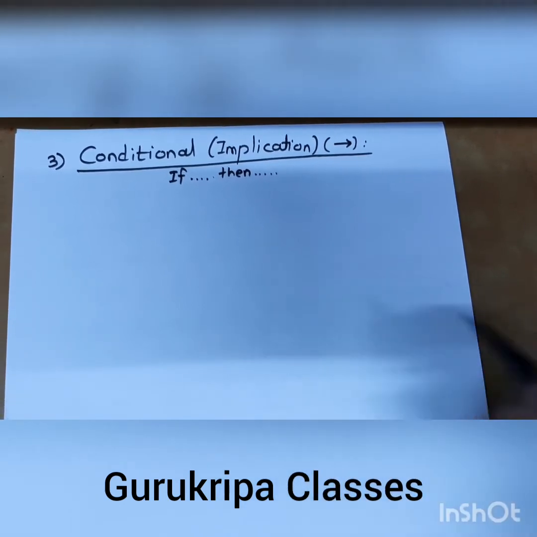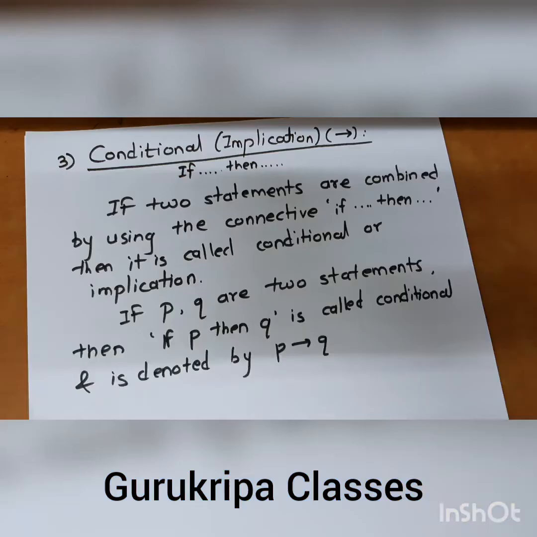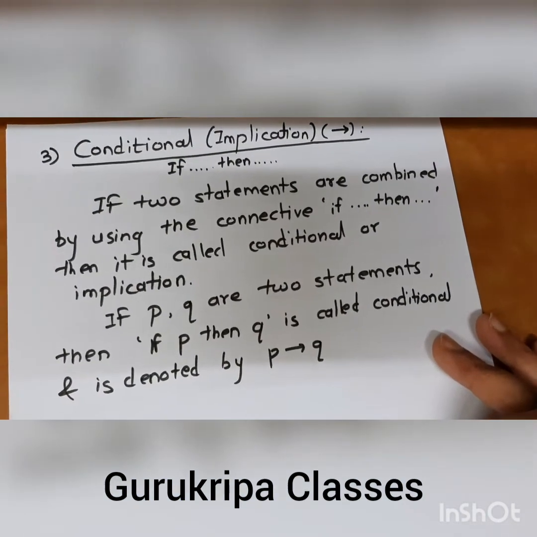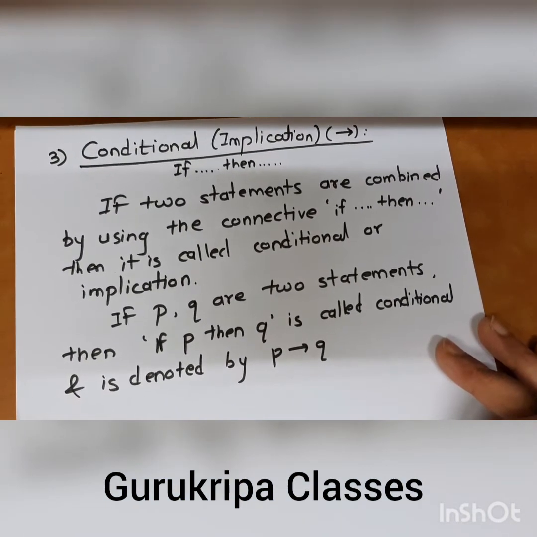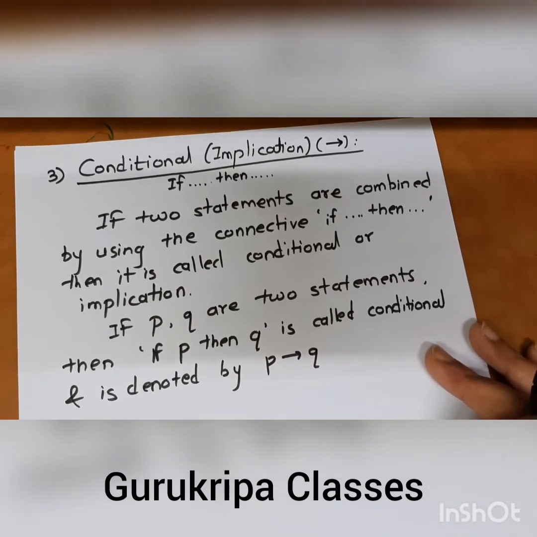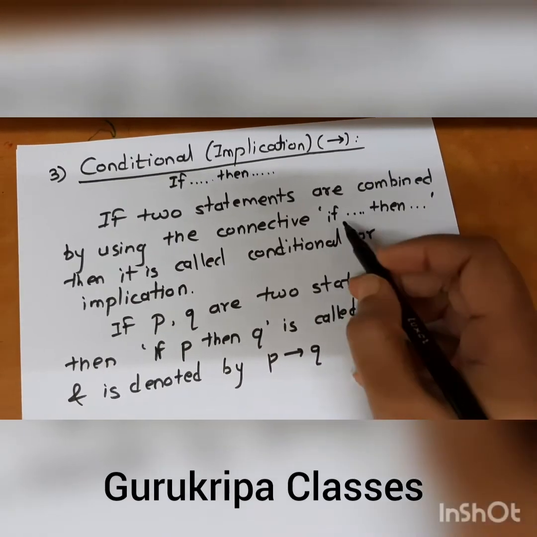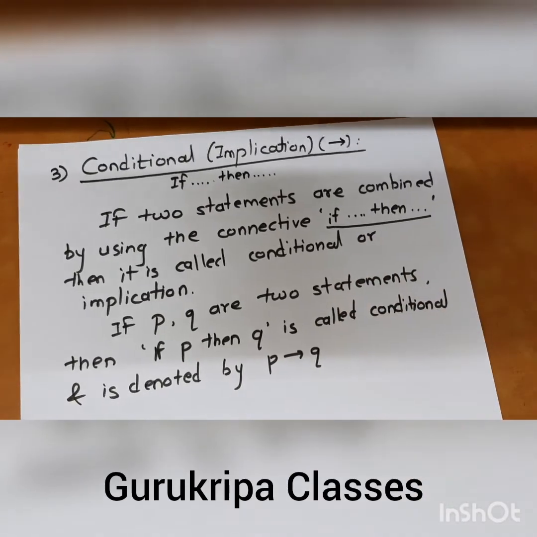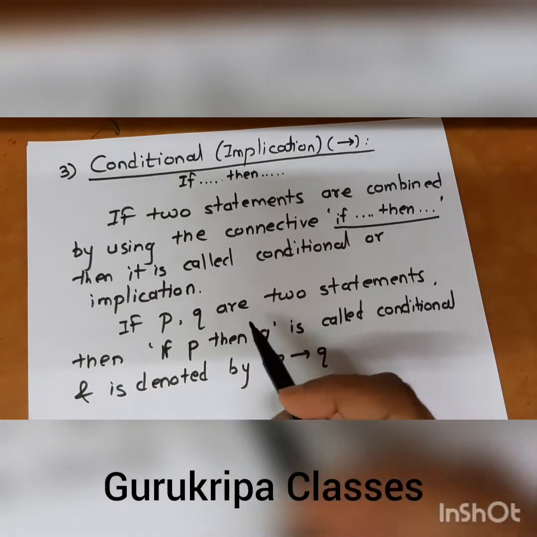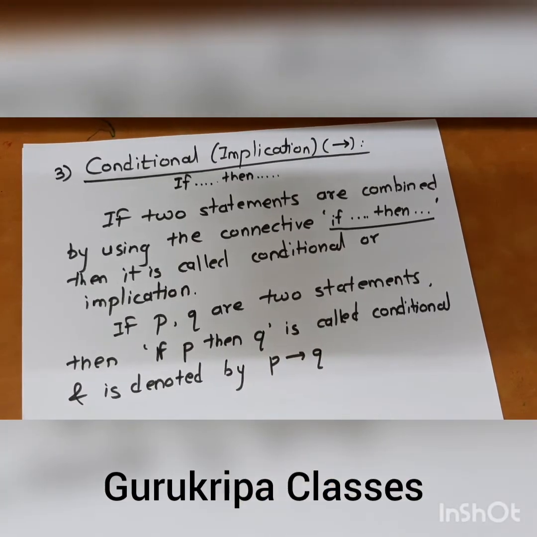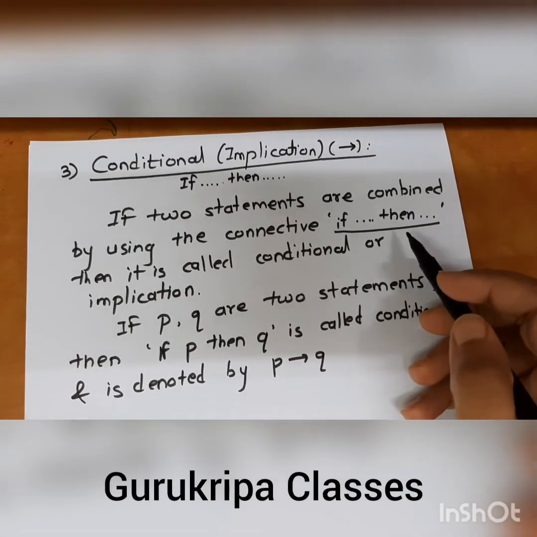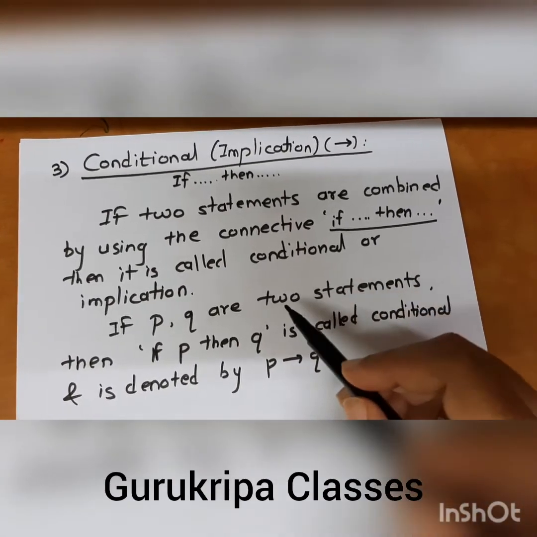I am writing the definition first. If two statements are combined by using the connective if then, it is called conditional or implication. If and then. Any two statements when we combine them using if then, they are called conditional or implication.